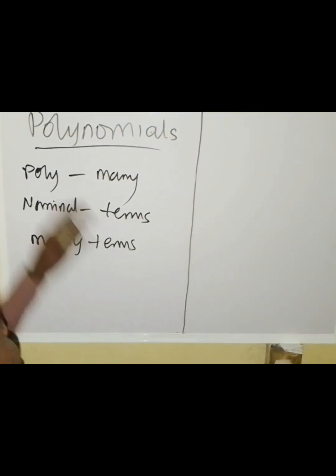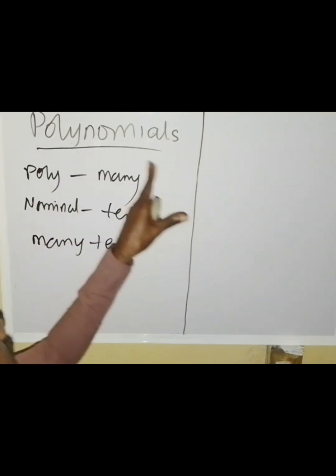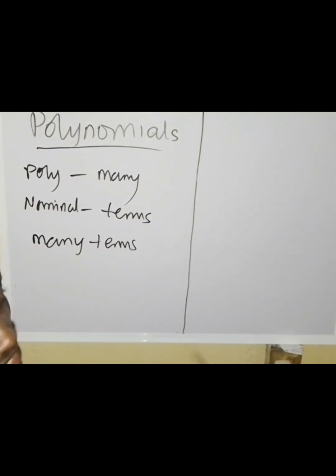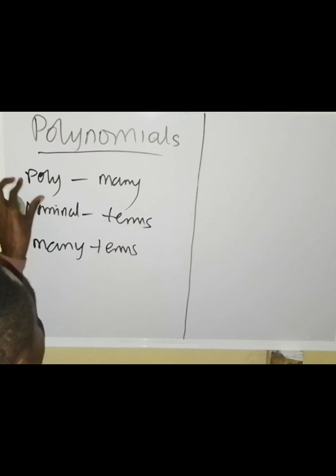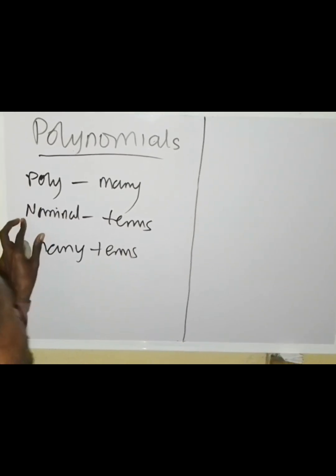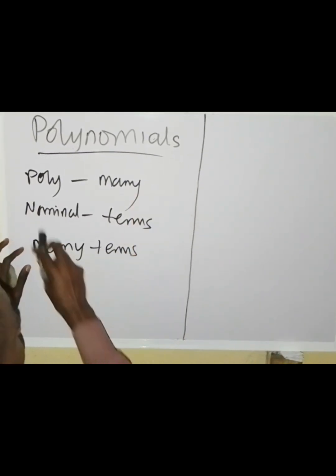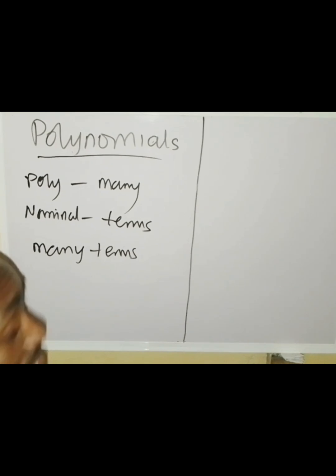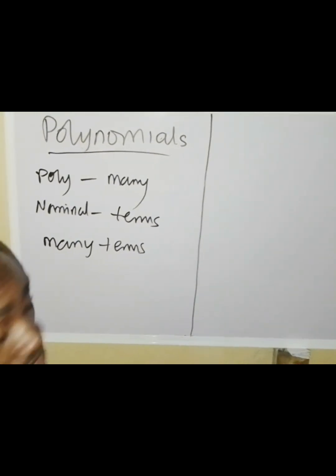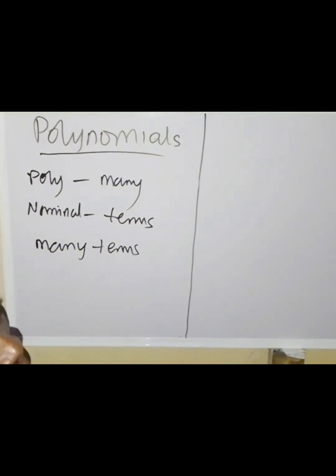So what I'm trying to say in a nutshell is that the term polynomial comes from two Greek words. The first, poly, second one, nominal. Poly means many, while nominal entails terms. So by the time you put the two words together, it gives you many terms.